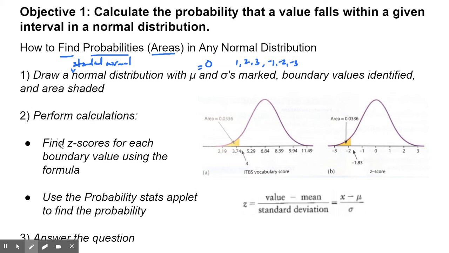Then we're going to find a z-score that goes along with our boundary value or values. They could give us two numbers, they could give us one number. Notice in this chart, this is not the standard normal distribution. This is the actual mean, and this distance here would be the standard deviation.